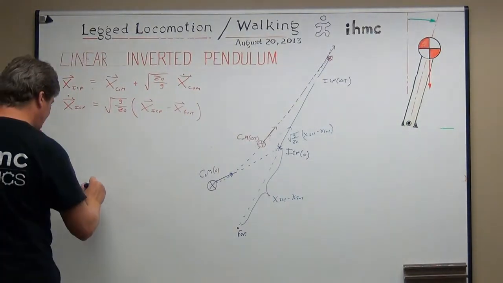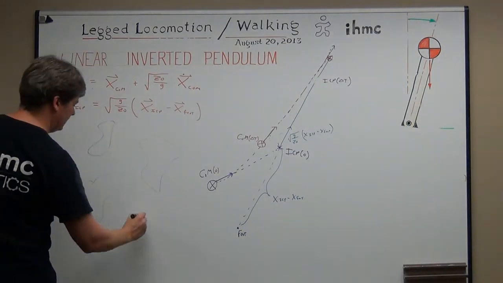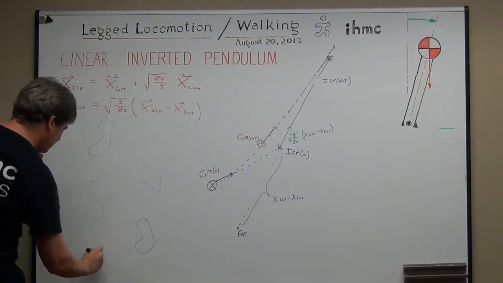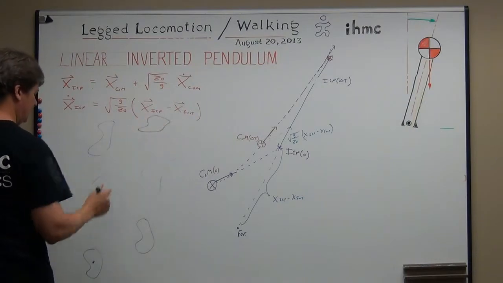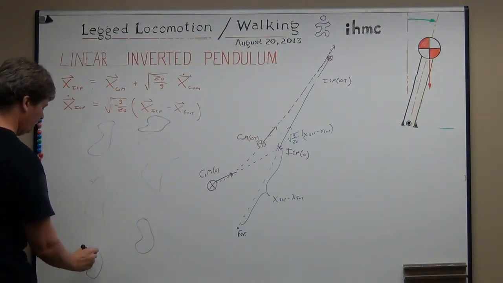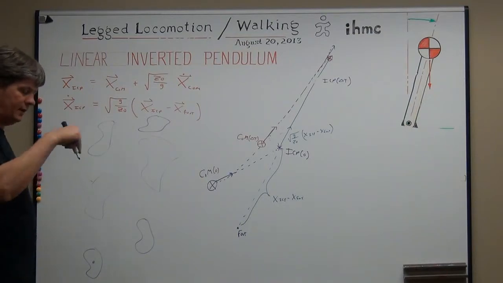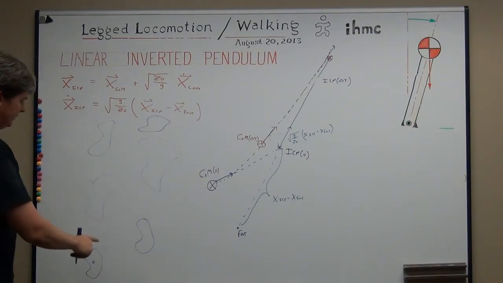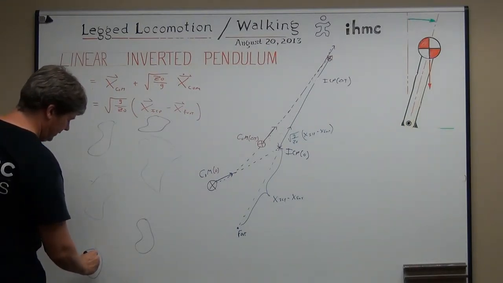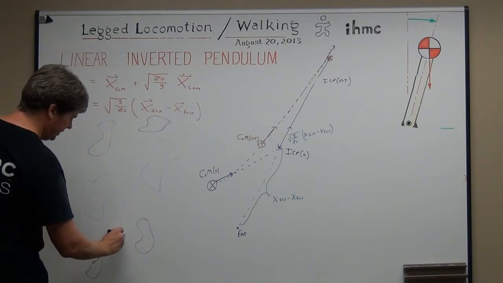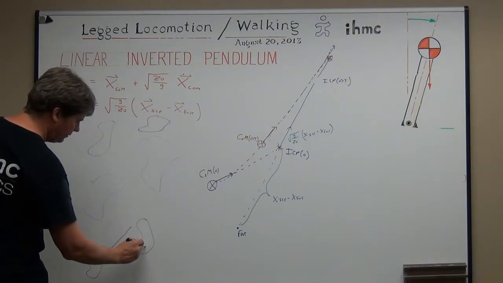Suppose we had a bunch of stepping stones, and we're currently standing here, and we want to get to this one. When you're not moving, your center of mass, center of pressure, and instantaneous capture point are all on top of each other. If I wanted to start walking, I could have the instantaneous capture point start moving in this direction, with my foot here until it gets about there, and then take a step here.